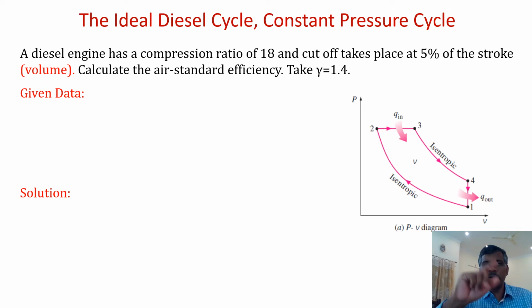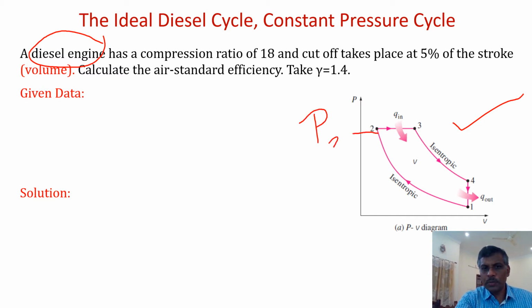When it comes to diesel, when the word diesel engine comes, you should be able to draw this diagram. Variation 2 to 3 is constant pressure, P2 is equal to P3. So your basic understanding is very important. In Otto cycle volume is constant, here pressure is constant.